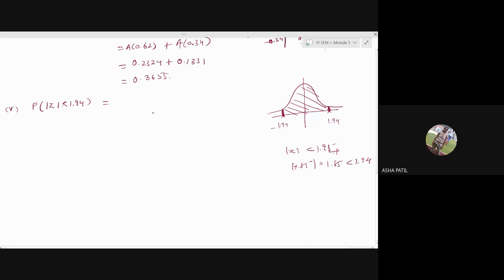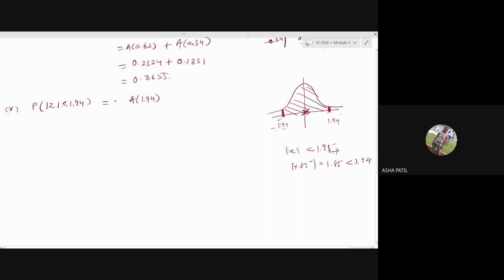Yes. See, if you write A of 1.94, it will give you the area from 0 to 1.94. And already we have discussed that whether the area is to the left side or to the right side, it is same. So here also you have minus 1.94; it is 0 to minus 1.94, and here it is 0 to plus 1.94.